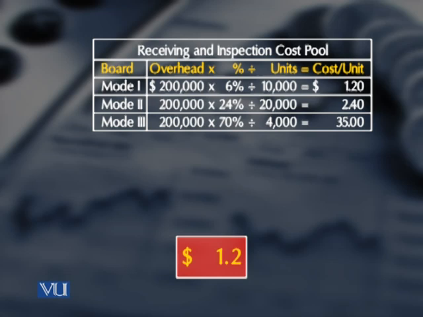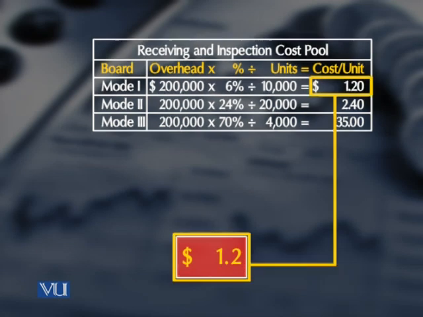So what we do, we take 6%, 24% and 70%, and then we work out the unit cost. 6% of 200,000 comes to 12,000. So 12,000 divided by 10,000, the rate comes to 1.2. Similarly for Model 2 and Model 3, we can work out the rate per unit.